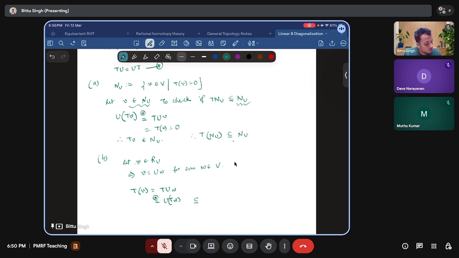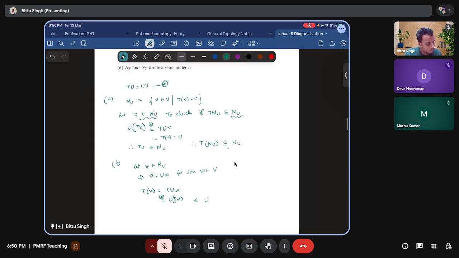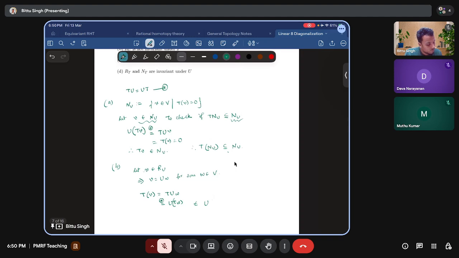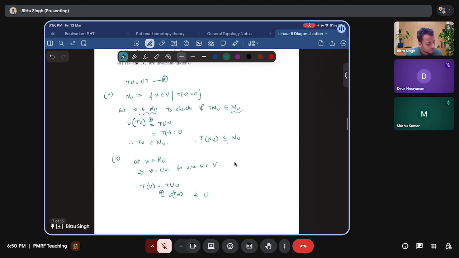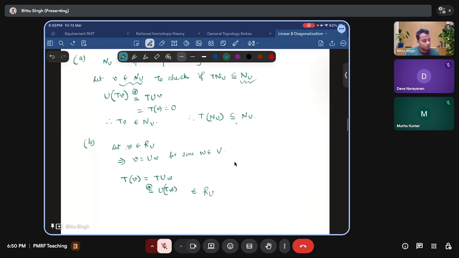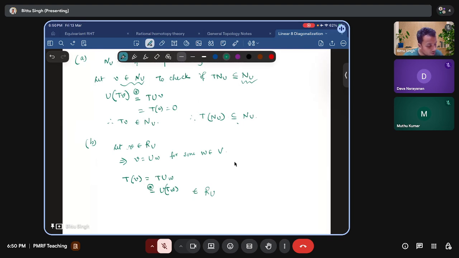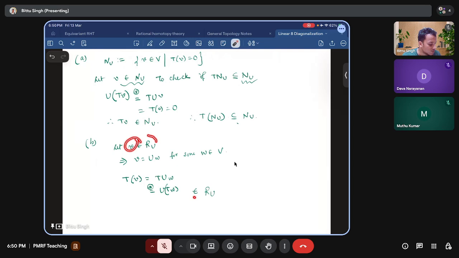So this belongs to the range space of U. If we apply T on any element coming from the range space, that will again belong to the range space.